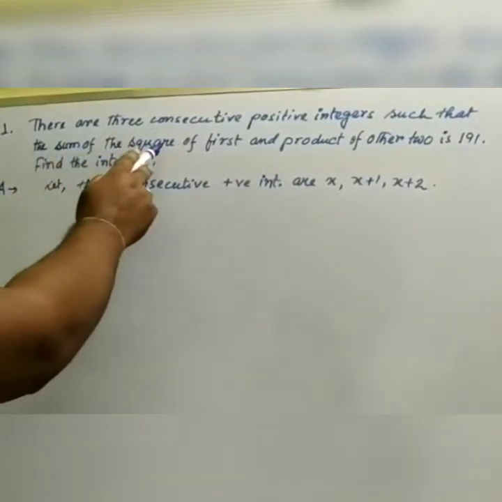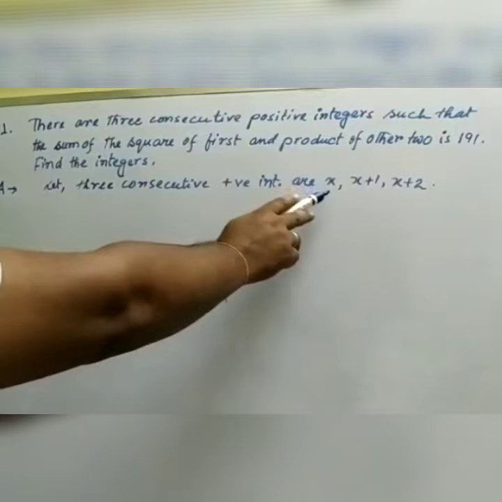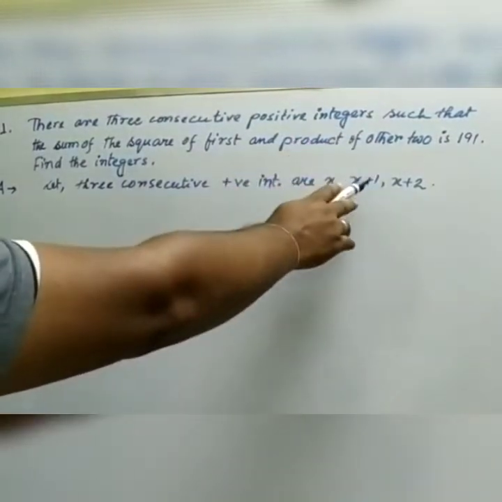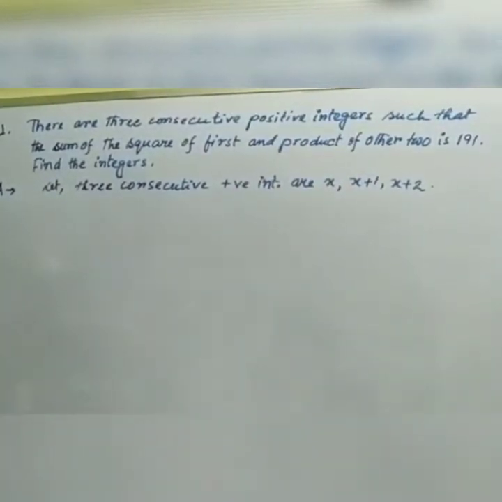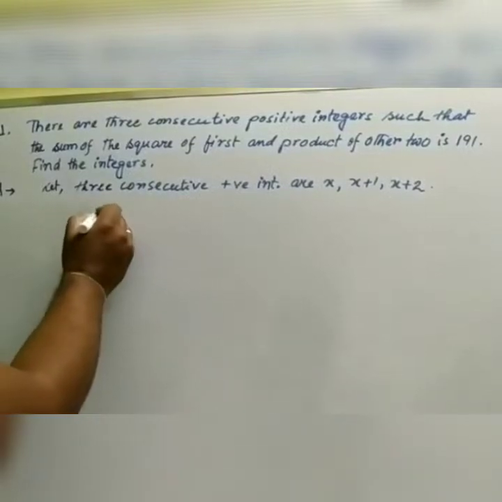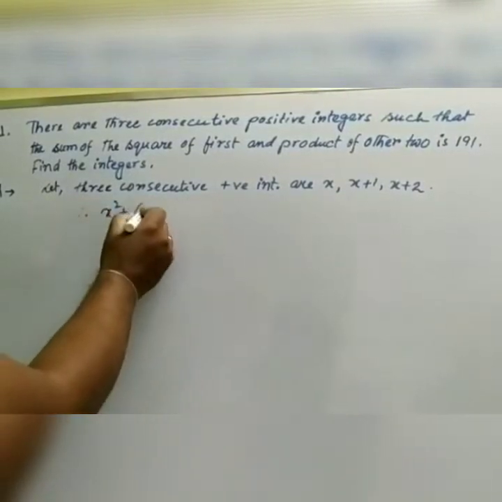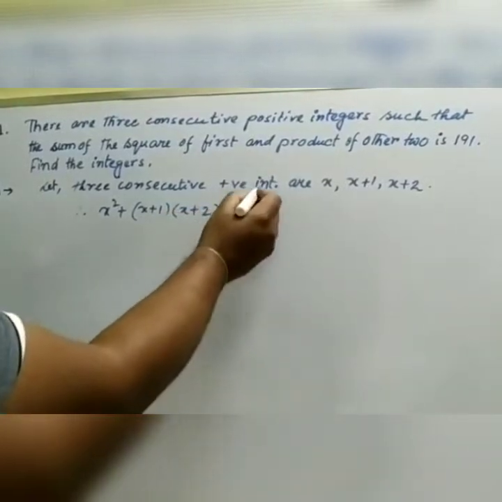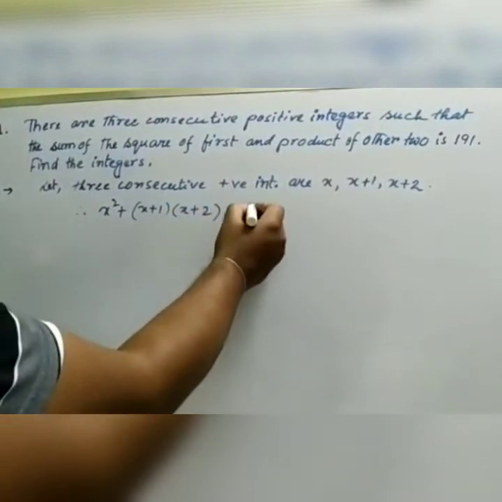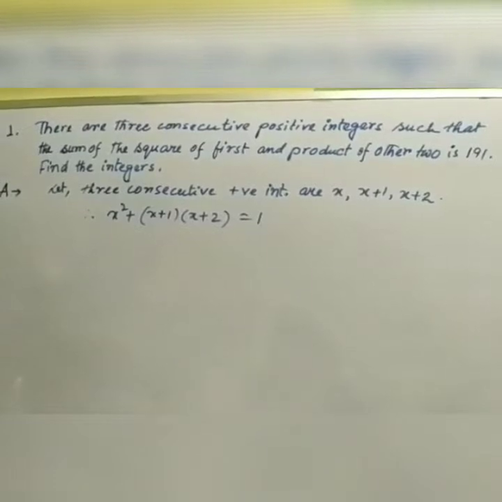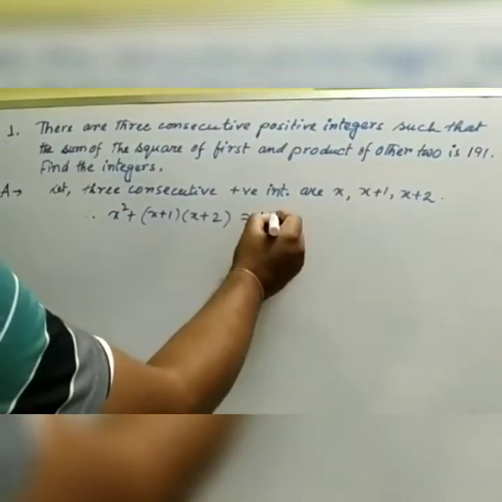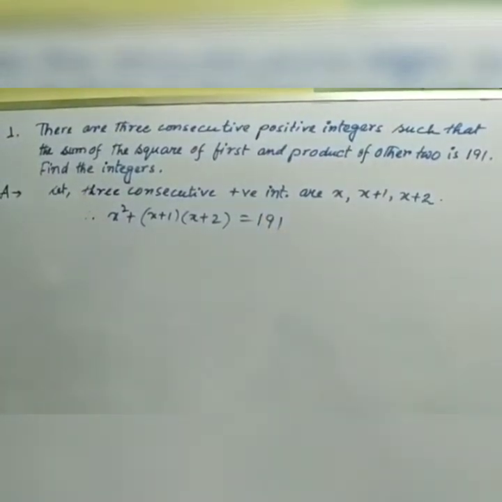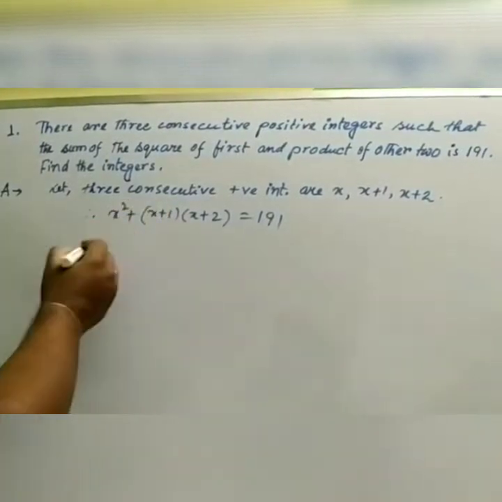Sum of the square of the first, that means the square of x, and the product of the other two, that is the product of x plus 1 and x plus 2. So that is x square plus x plus 1 times x plus 2 equals 191. Okay, so now we'll expand this one.